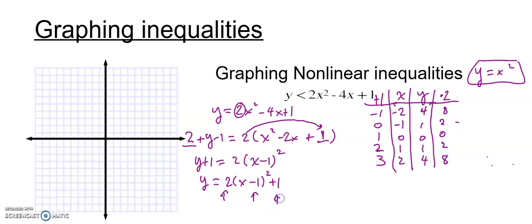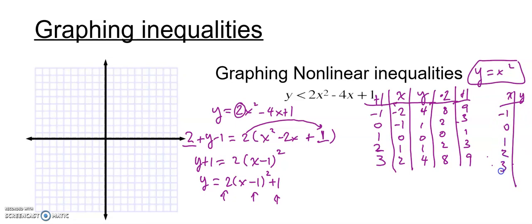And then I have to add 1 to all those. So I get 9, 3, 1, 3, and 9. So from there, my table of values is going to be -1, 0, 1, 2, and 3, and my y values are going to be 9, 3, 1, 3, and 9.